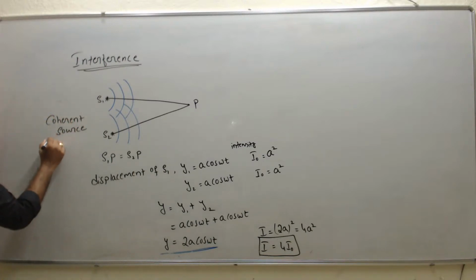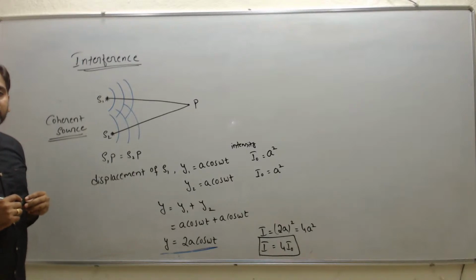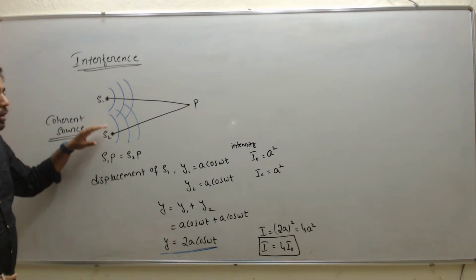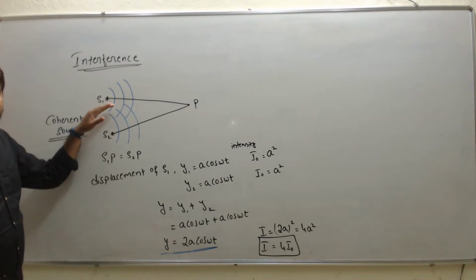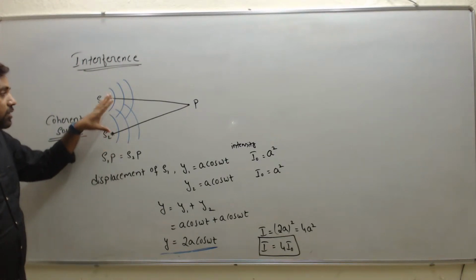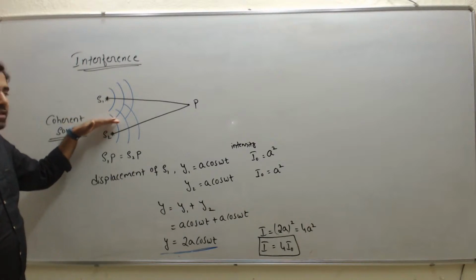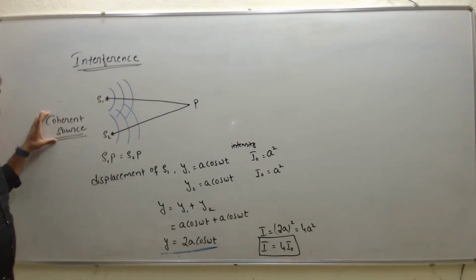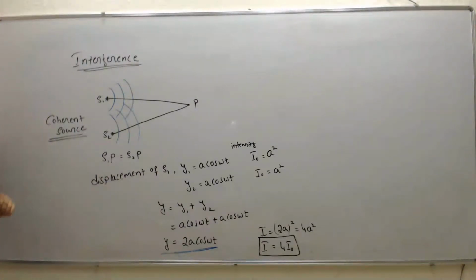So this one we have to know. Coherent sources are two sources which are vibrating in the same phase, then those sources are called coherent sources, right?